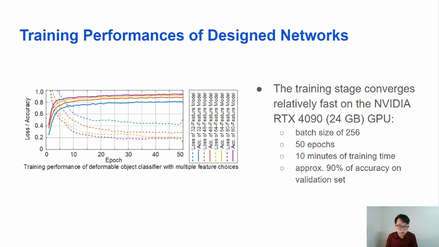I tried it with different N and F combinations, where N represents the sampling points and F the number of features in the network. This is how it looks like, and they achieved a reasonable accuracy of 90%, especially for the model that uses 80 features.